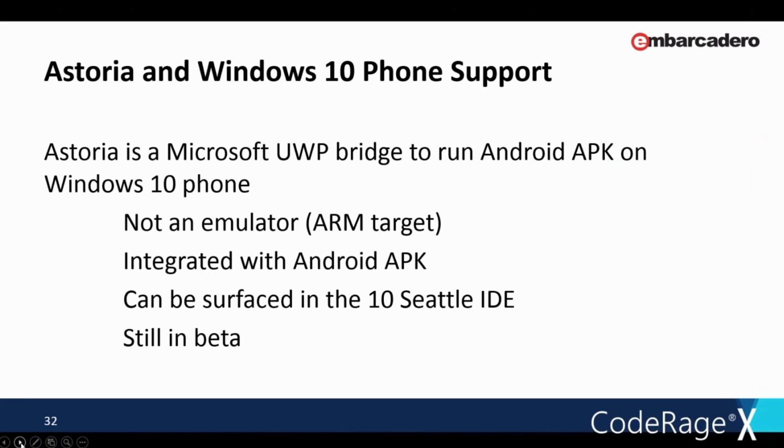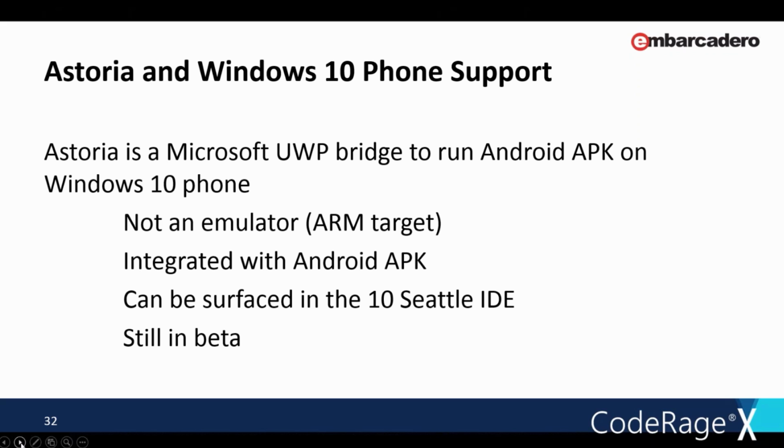The other thing I want to focus on for a moment is Astoria. Astoria is one of the Windows Universal Platform bridges, and Astoria lets you run an Android APK on a Windows phone. Now, before we get to that question, can you support Windows Phone natively? Oh, it is native.